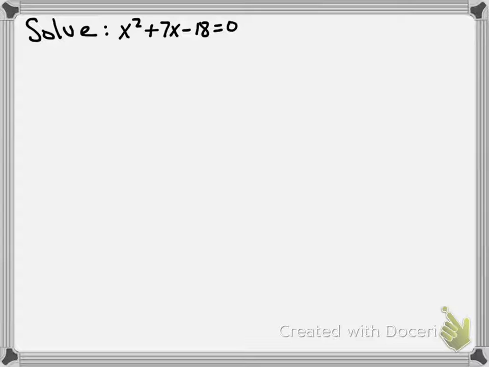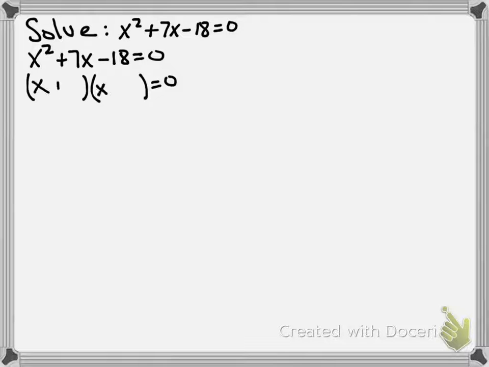Let us consider the equation x squared plus 7x minus 18 equals 0. Ladies and gentlemen, you must factor first. Factor it, and you will end up with the following: x plus 9 and x minus 2.